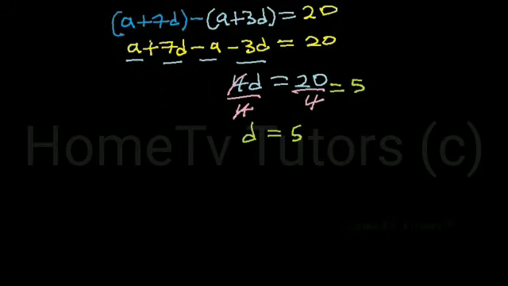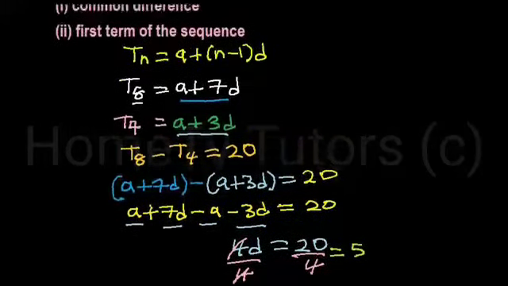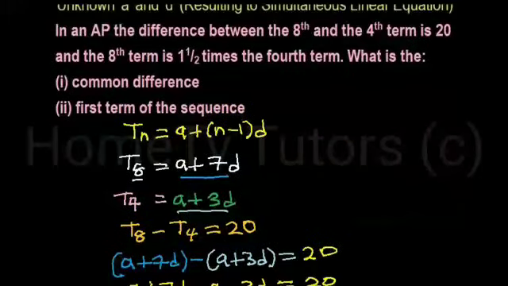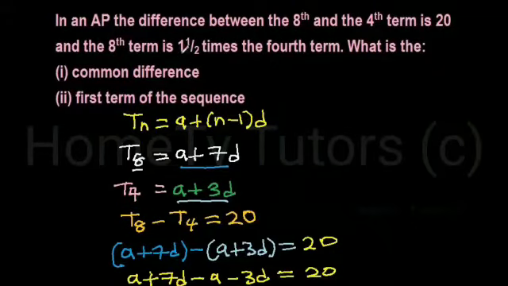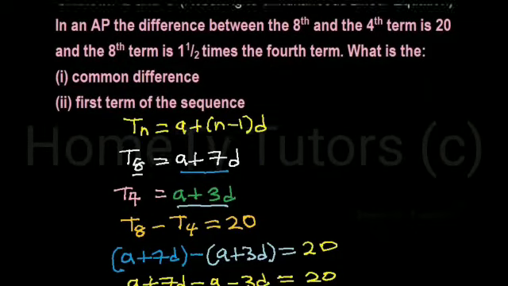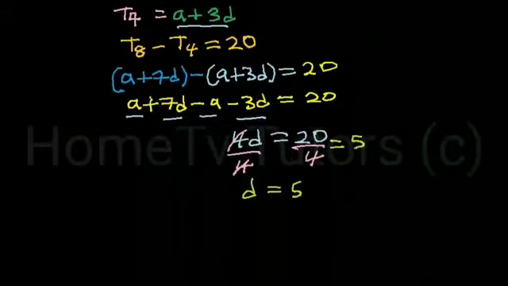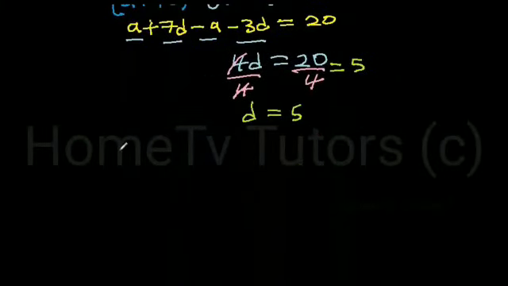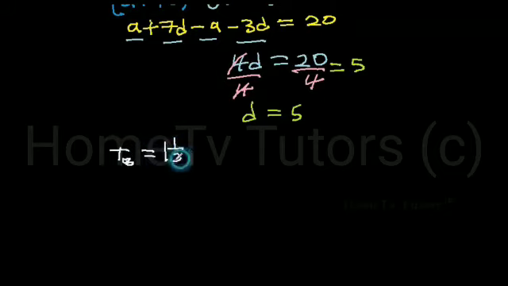Alright, and if we go back to the question, the second part of the statement says that the 8th term, T8, is equal to 1.5 times the 4th term.